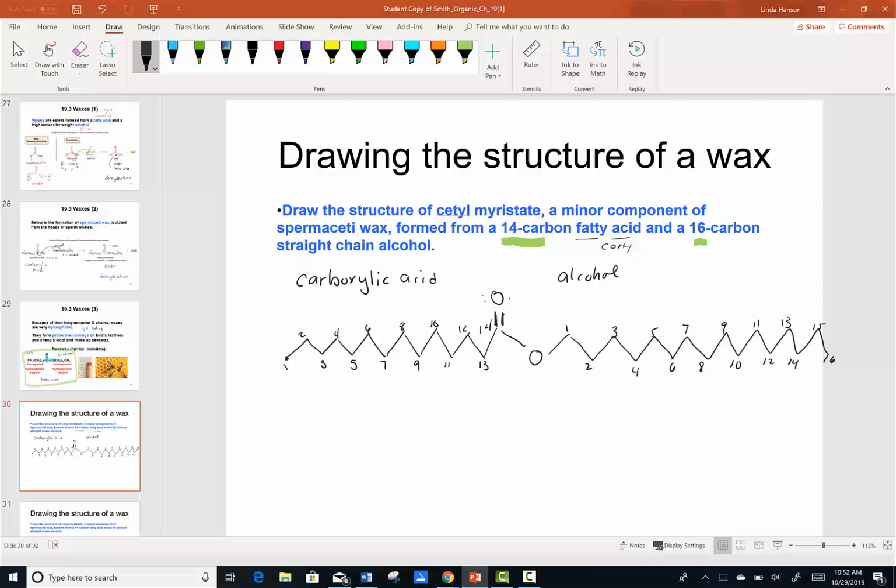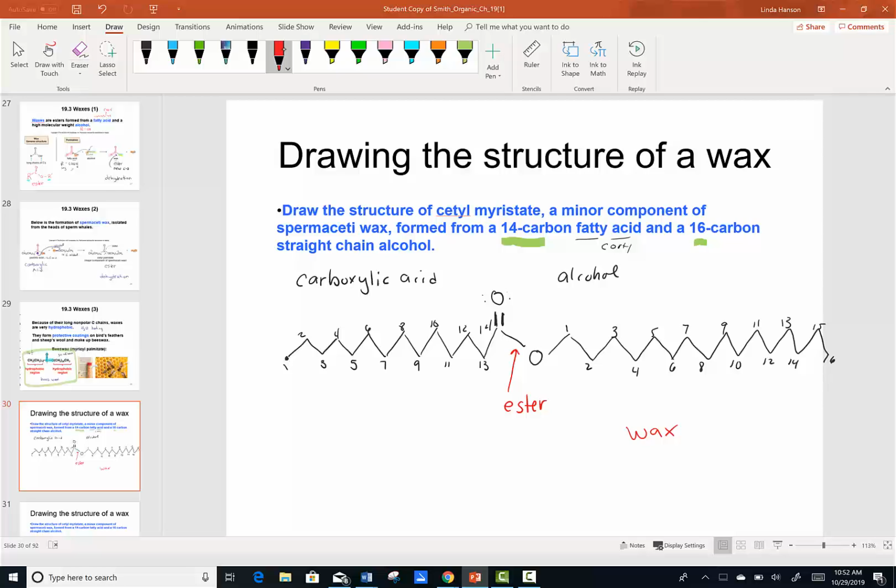So we had a carboxylic acid, the original acid of 14 carbons. On the right side, the original alcohol contained 16 carbons. We can see the ester linkage, where the original alcohol is now attached to the original carboxylic acid, creating a wax.